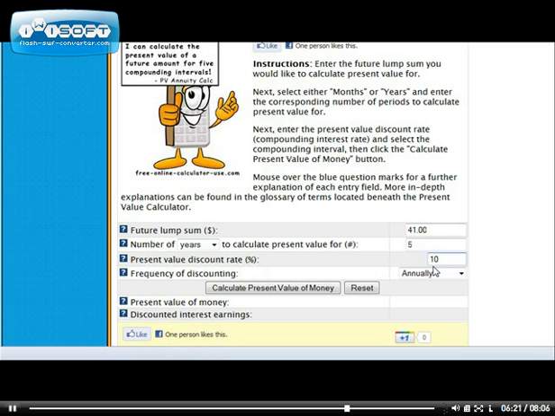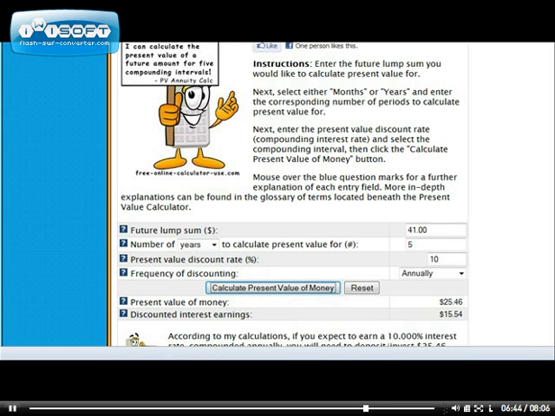We wanted to get an investment that's going to be paying us 10% on an annual basis. And so we calculated the amount that we would pay to get us to $41 in 5 years. And that amount came out to be $25.46. The exact same amount that I came up with by using the financial calculator that I use.